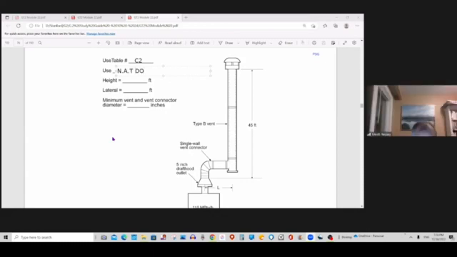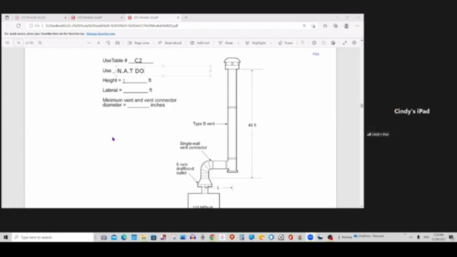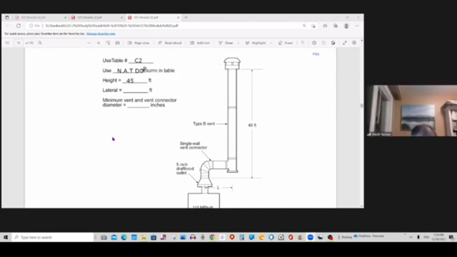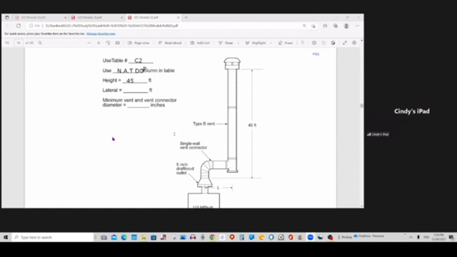Okay, height is 45, and the lateral is 5. Let me open the table C2.